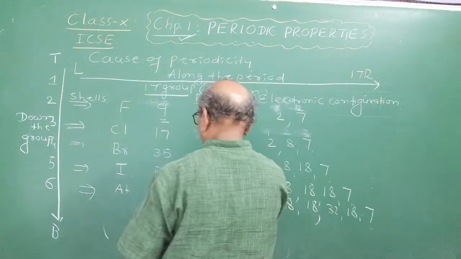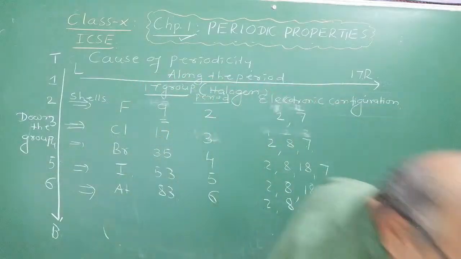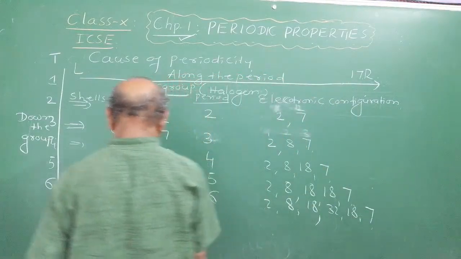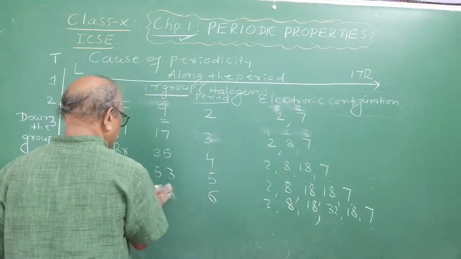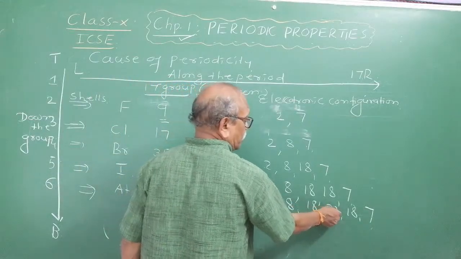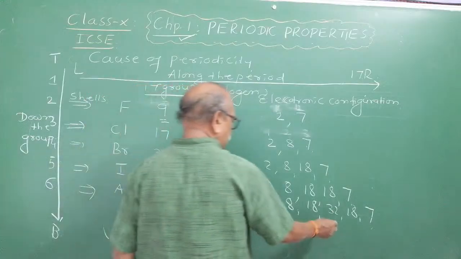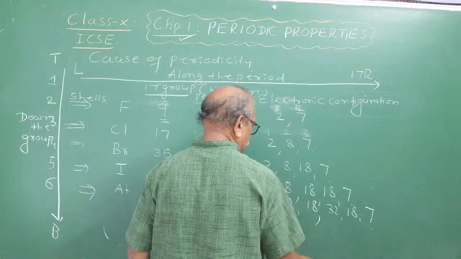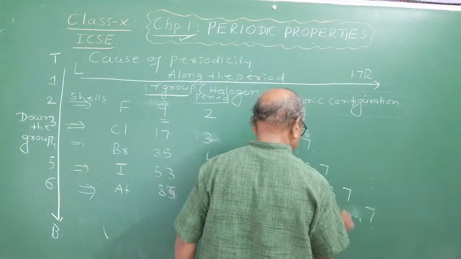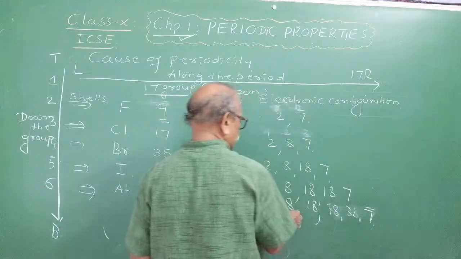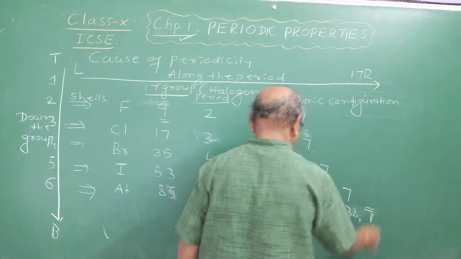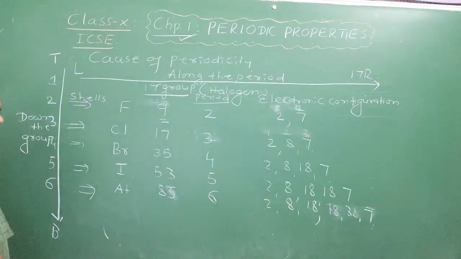Check whether the total is equal to astatine, sixth period. Total it and see whether it becomes atomic number 85. The electronic configuration is 2, 8, 18, 32, 18, 7.